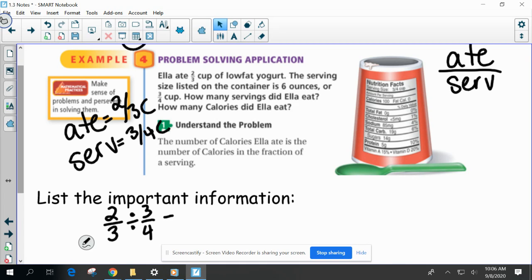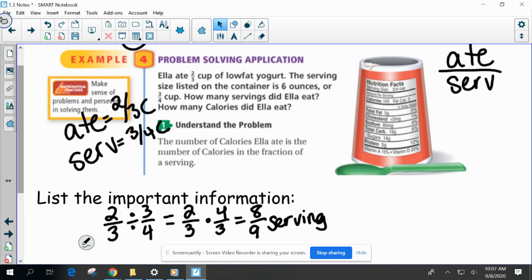Keep, change, flip. So 2/3 times 4/3. So I'm going to end up with 8/9. Okay, so I'm going to end up with 8/9 of what? A serving.